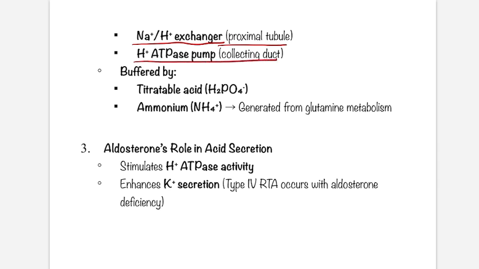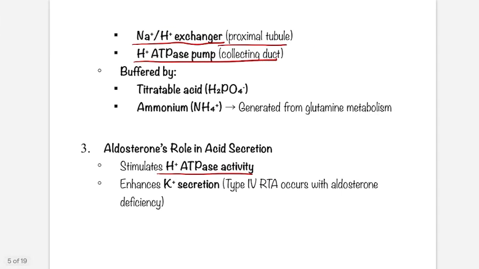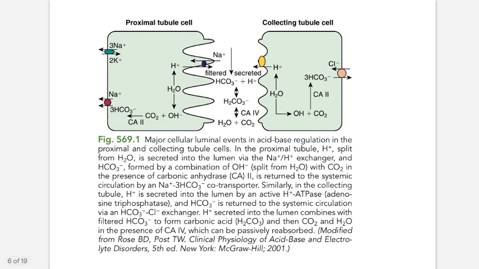Many buffers manage these conditions, and aldosterone stimulates H plus ATPase activity. As of now, just remember where bicarbonate gets reabsorbed and where H plus gets secreted, in the proximal and distal tubule, and which are the ion exchangers. Just see this beautiful image.